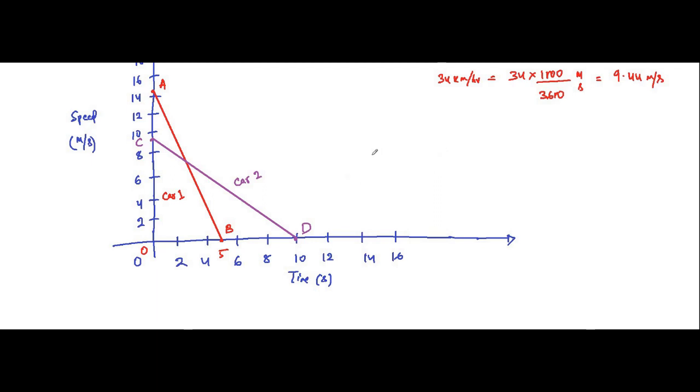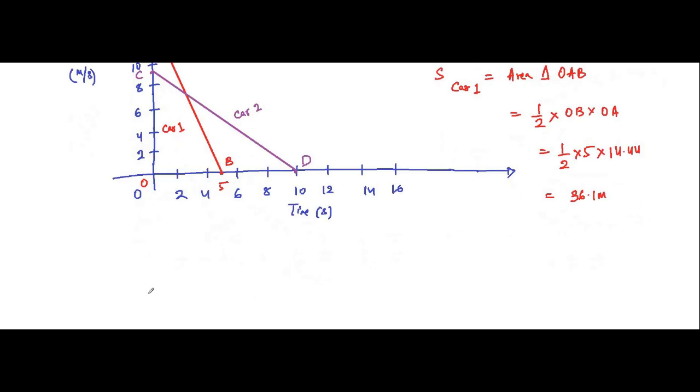Now, if we want to determine the distance covered by these two cars after the brakes were applied, for car 1, the distance traveled after brakes were applied is the area of triangle OAB, which is 1/2 into OB, the base, into OA, the height. That is 1/2 into 5 into 14.44 meters per second, which is coming around 36.1 meters.